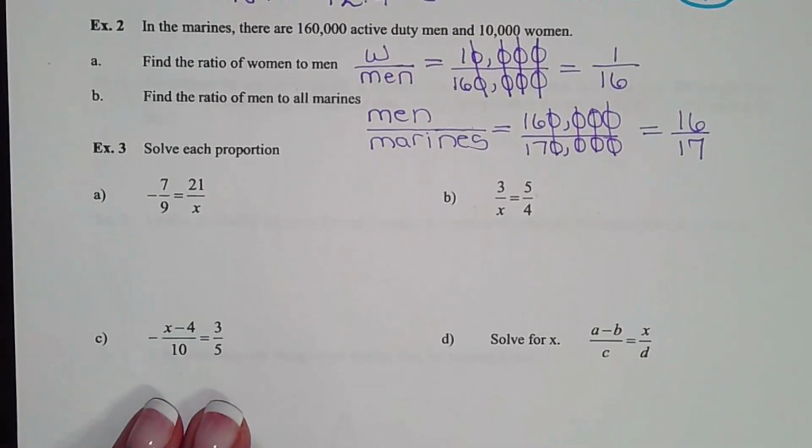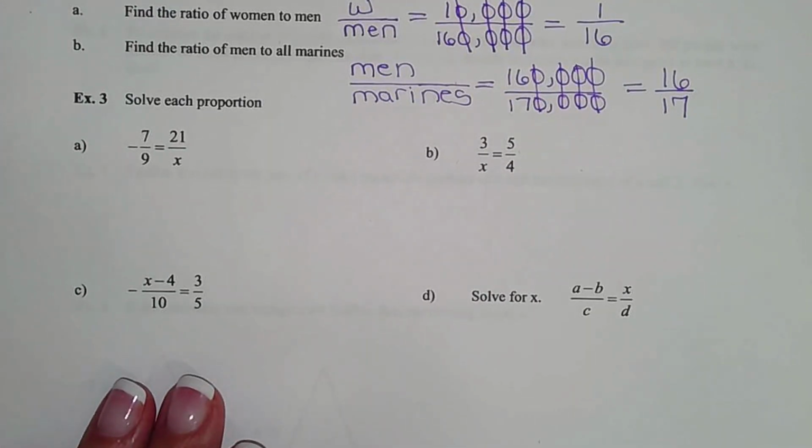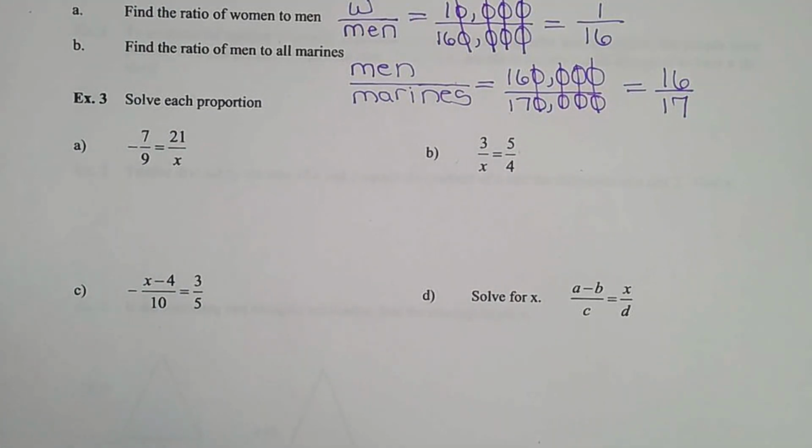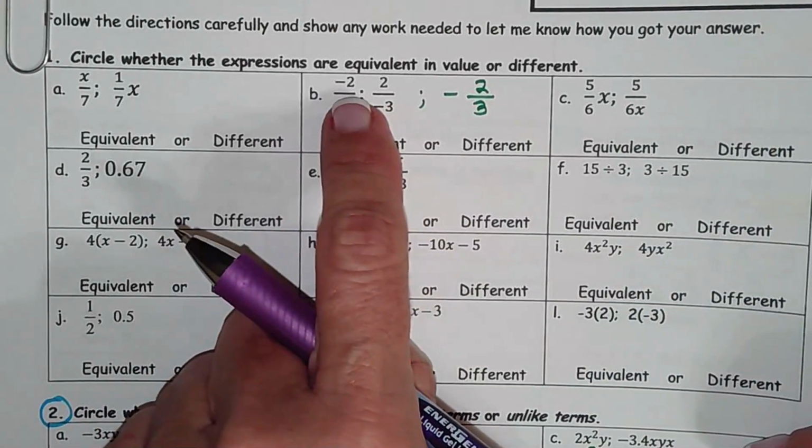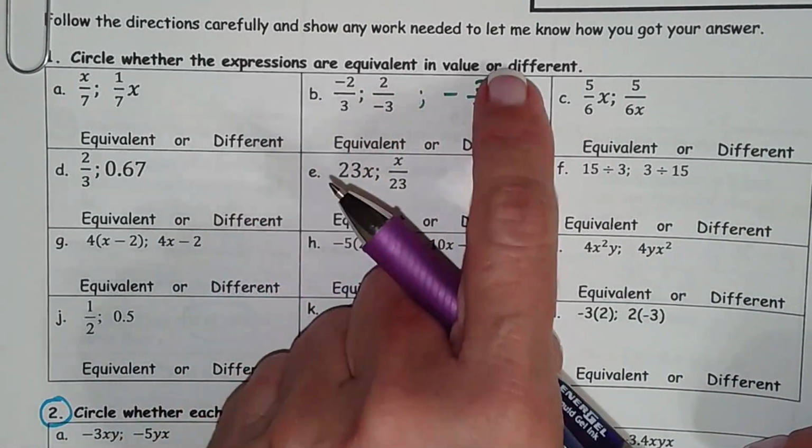Okay, so solving a proportion, anytime there's a negative in front, as there is on a couple of these, you need to move it either to the numerator or the denominator. Remember how we said, and I'll probably do this part on the next warm-up so we can talk about this some more, remember how we said these are all equal.